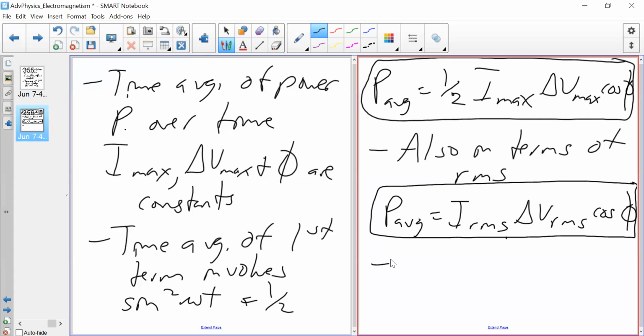And so now we say that the cosine phi is known as the power factor. And then the voltage across the resistor, everything still checks out because this cosine term just keeps coming along. So it's just a power factor of the voltage in this situation.